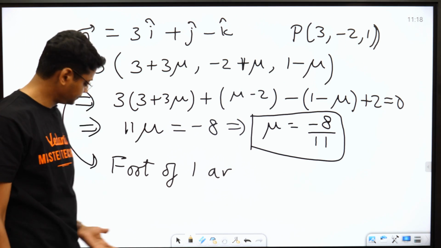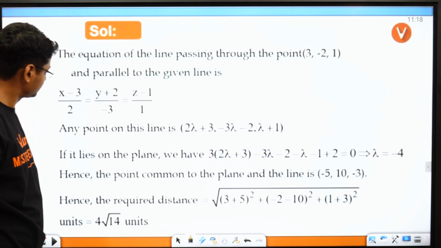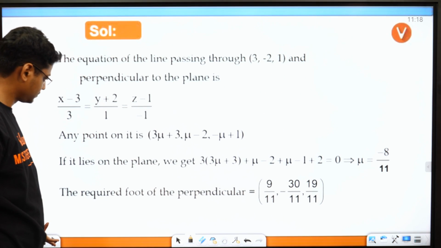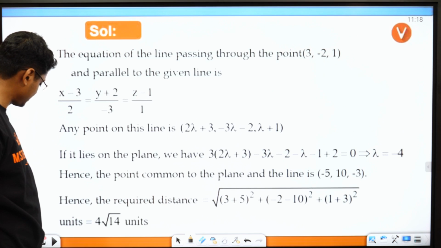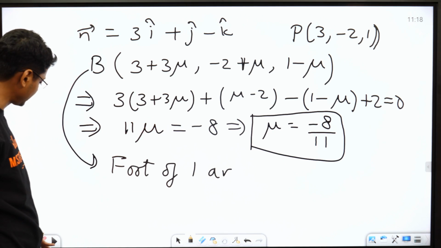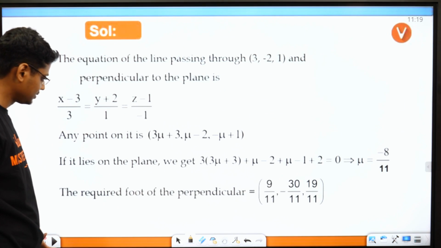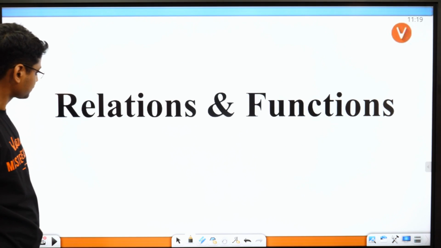Let's move ahead. Minus 8 by 11 is the value of mu, so we have got it right. Then just put it in and we get the foot of the perpendicular.